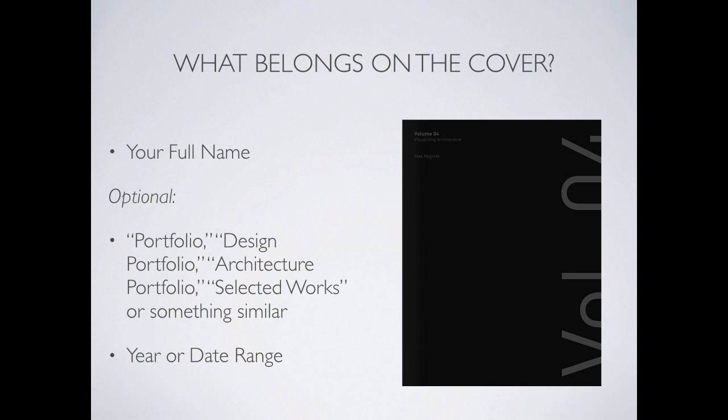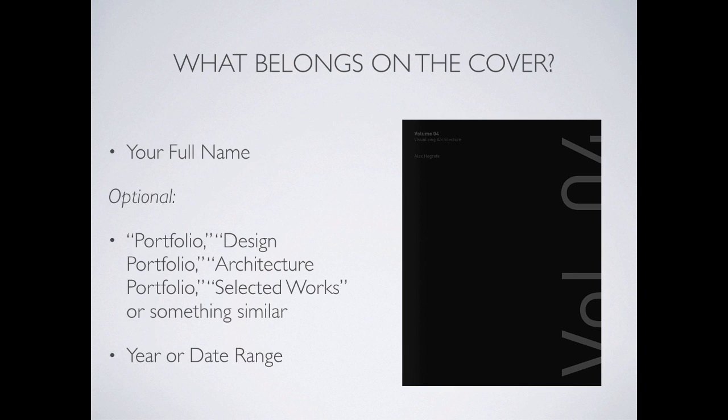Sometimes, if you're applying for something specific, like let's say you're going back to grad school and you're applying to Berkeley for the master's program, you have to, by their definition, put on there you're an option 2 candidate or an option 3 candidate or whatever you are. So sometimes there is an additional layer of information that you have to put on there that's mandated by whatever you're using the portfolio for. In today's, for the class, for your final project in this, however you choose to designate it is fine.